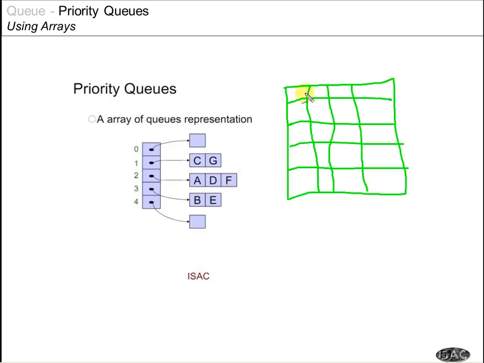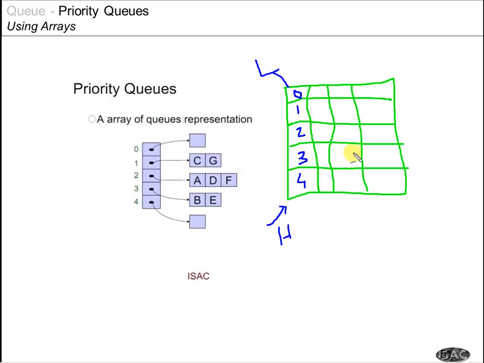What you can do is put here 0, 1, 2, 3, 4. Now, this one we'll call the highest priority, and this one we'll call the lowest priority. Whenever an element comes with any priority, you put it there itself.